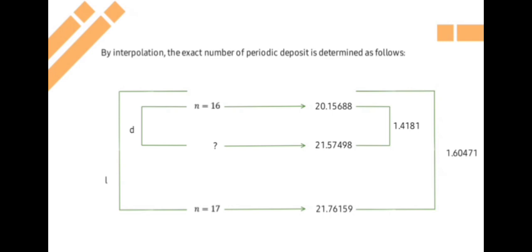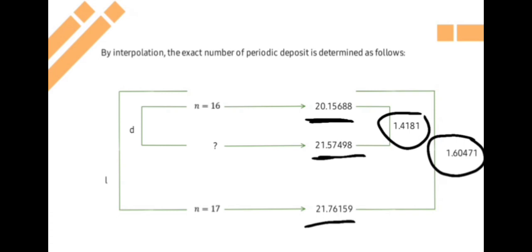First, we will get the differences. The difference between 20.15688 and the value factor we got, which is 21.57498, is 1.4181. Then, like before, we get the difference of the two, which is 1.6040471. We also get the difference between the compounding periods, 16, and the compounding periods we are looking for.